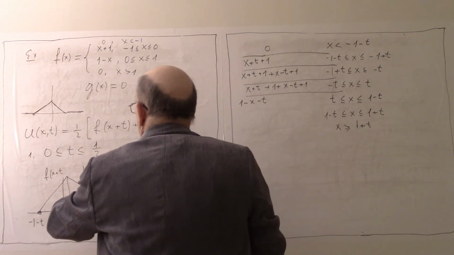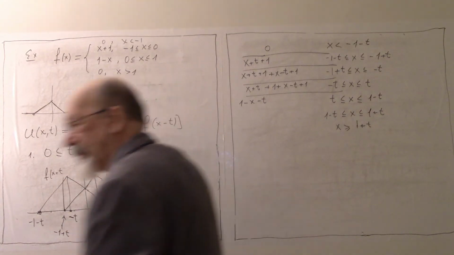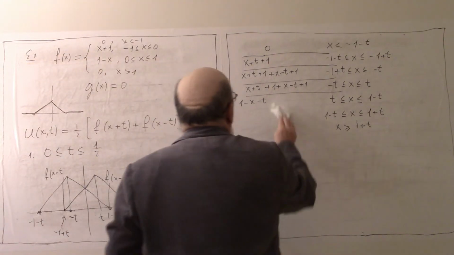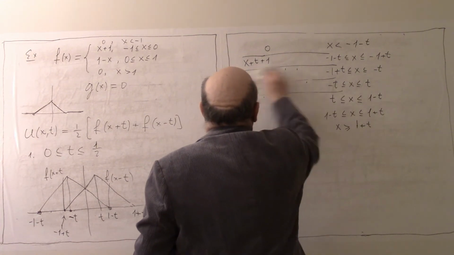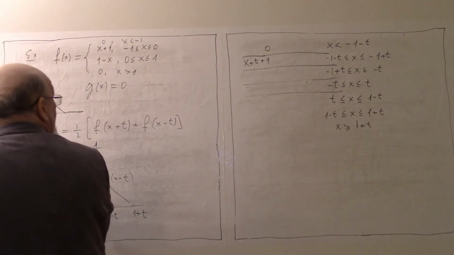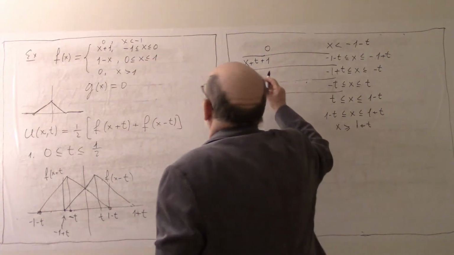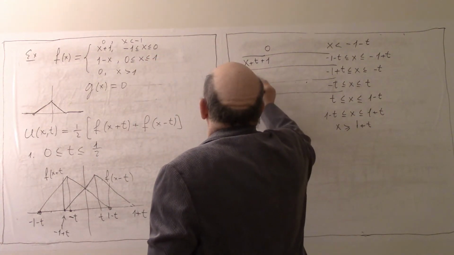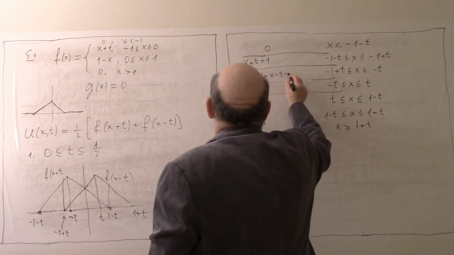Here, the first is decreasing. Let's do it again. Yes, so here just 1. Here both are increasing: x plus t plus 1 plus x minus t plus 1.